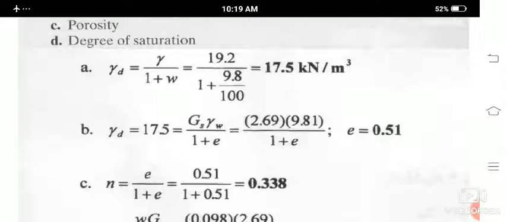Next is porosity, they asked us to find out, that is void ratio divided by 1 plus e, you will be getting the porosity.